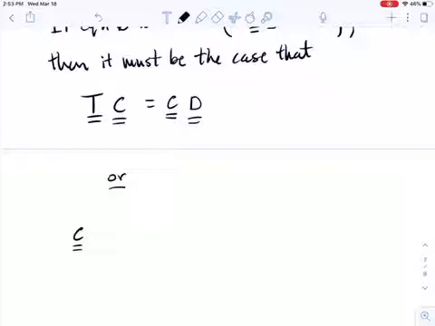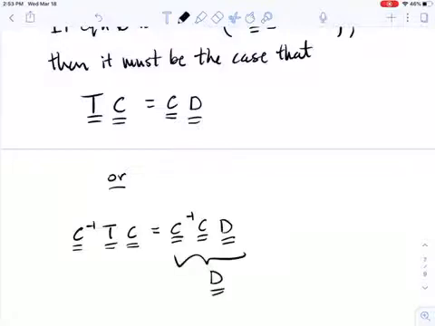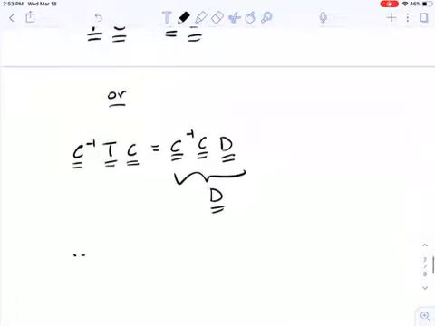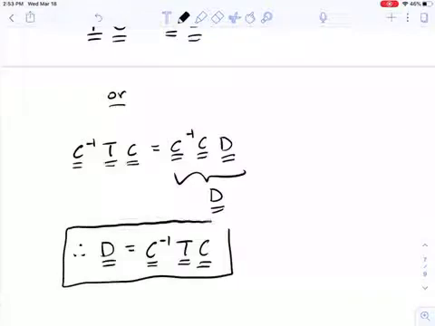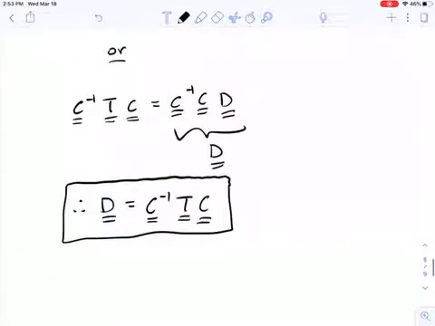So C inverse T times C is equal to C inverse C times D. And of course, this is just going to be D. And so therefore, D is equal to C inverse T times C. And let's remember what C was. C was constructed from our eigenvectors.